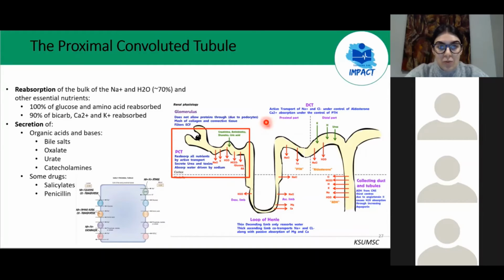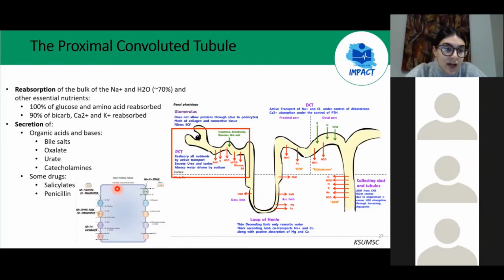So in our proximal convoluted tubule, we have secretion of things like bile salts, oxalate, urate, creatinine, and some drugs like penicillin and salicylate. All of that junk our body doesn't want gets put into the proximal convoluted tubule to eventually be weeded out.